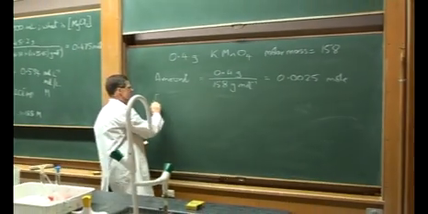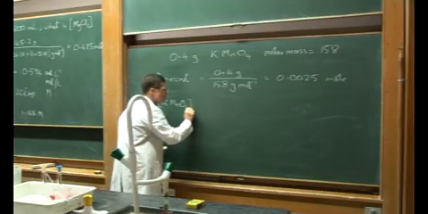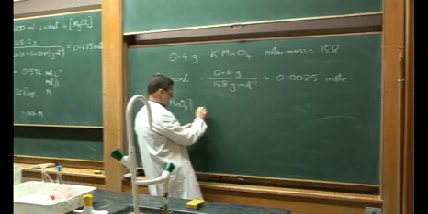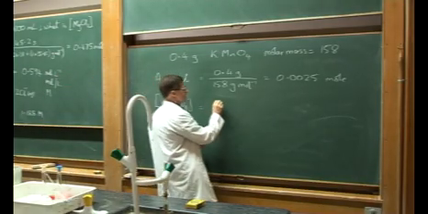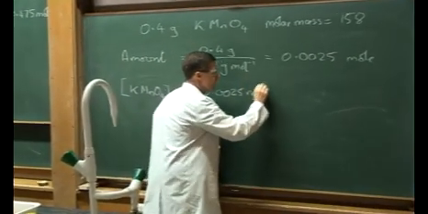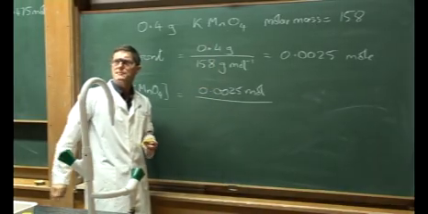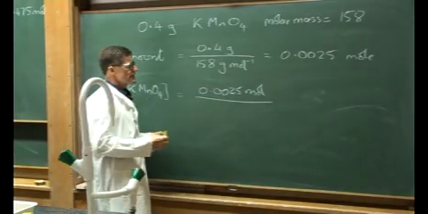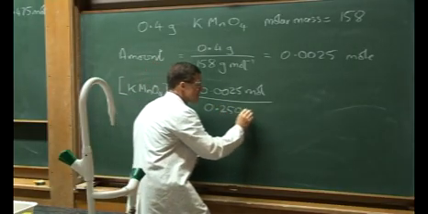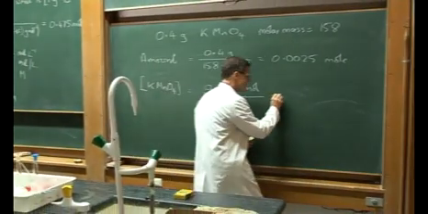The concentration that I have in that first volumetric flask, therefore, is 0.0025 moles divided by the flask, a 250 milliliter flask. 250 millilitres is the same as 0.250 litres. And, look at that.